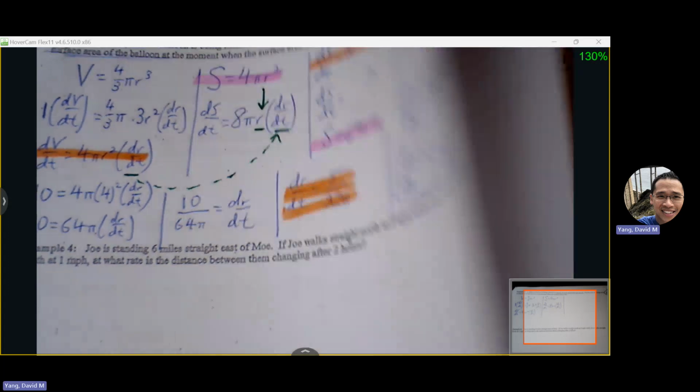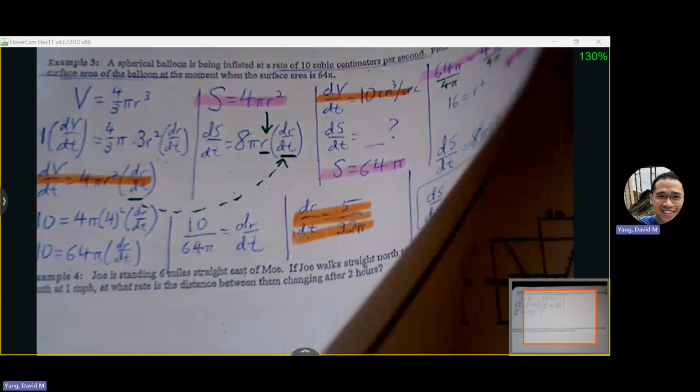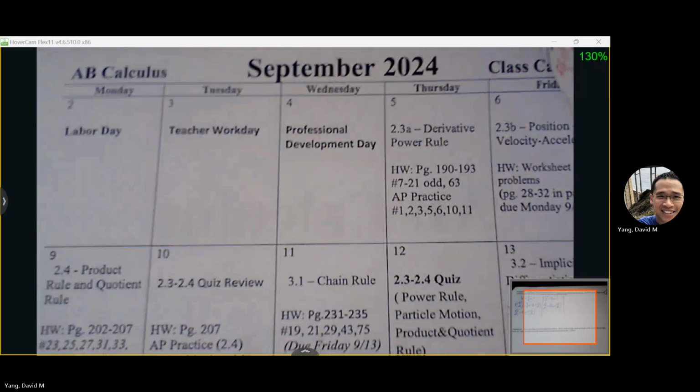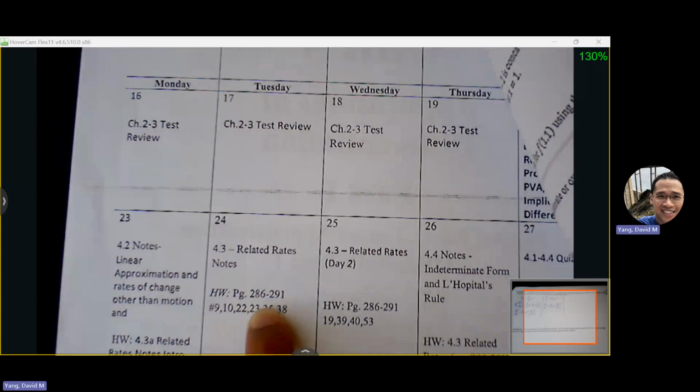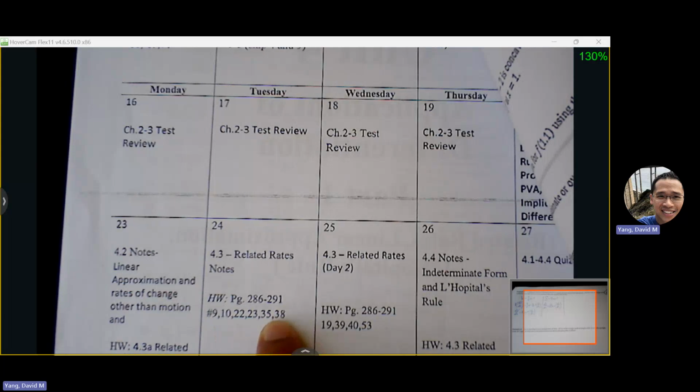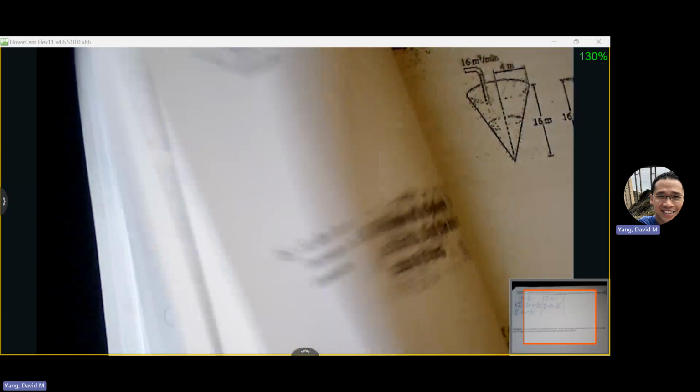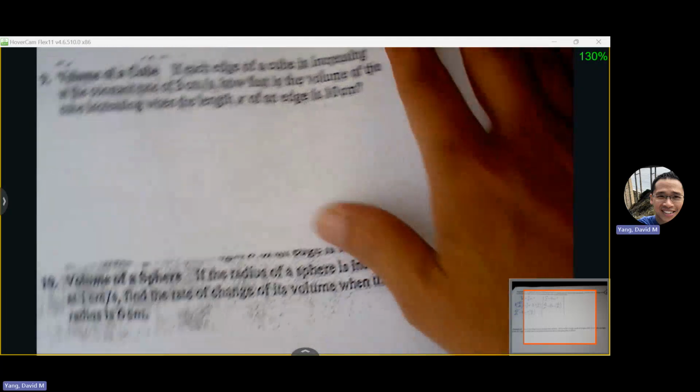Okay, so your homework, if you look on your calendar here, your homework says page 286, 291, 9 through 38. I have all the homework filled out for you, so you can just do it directly in your packet.